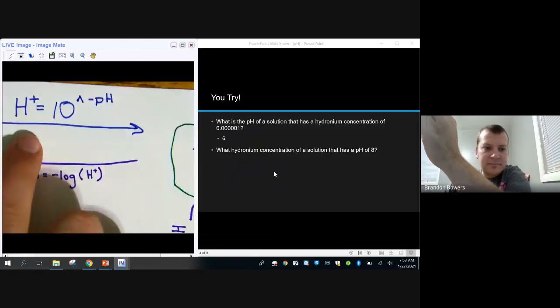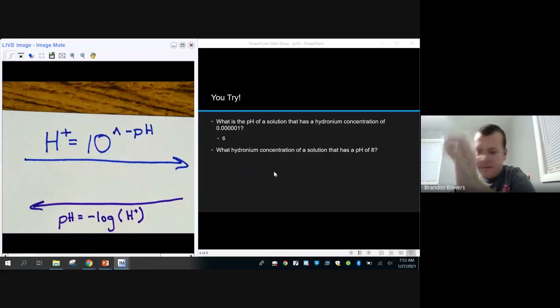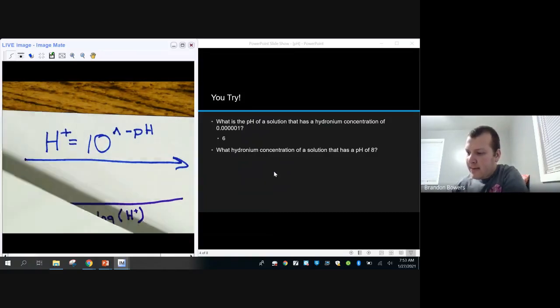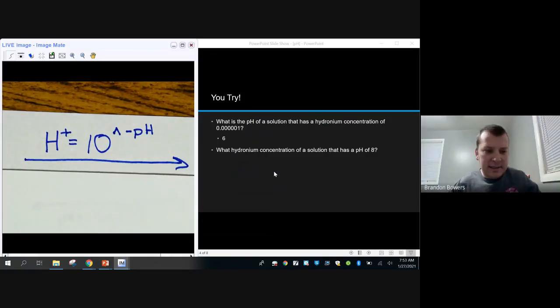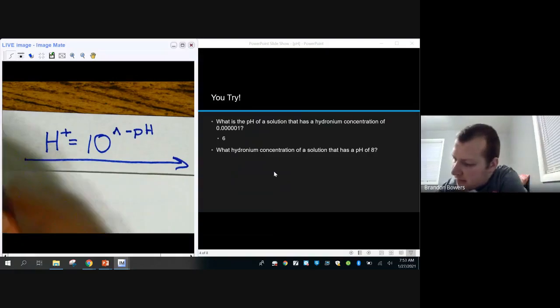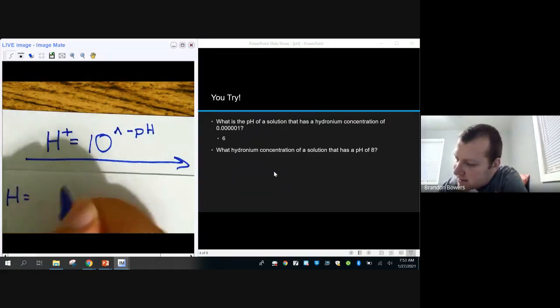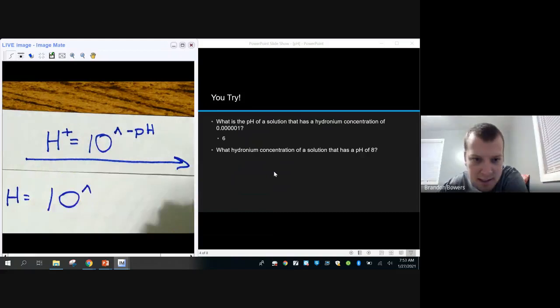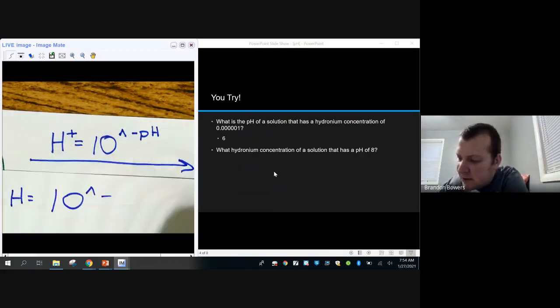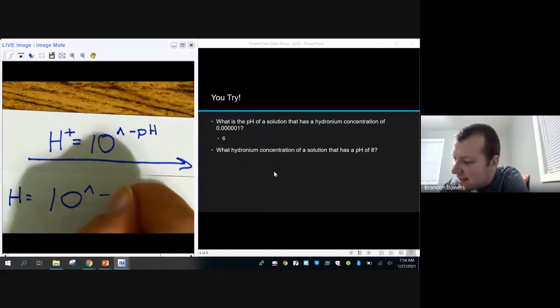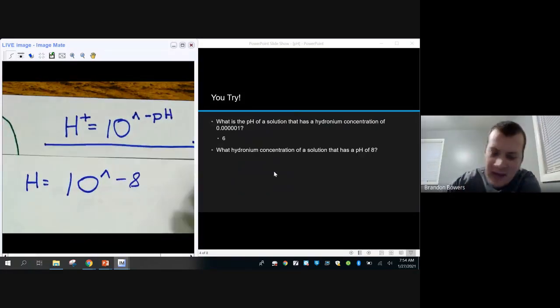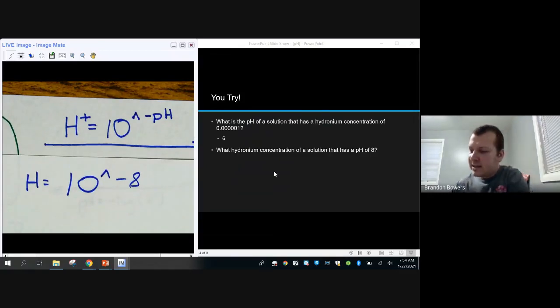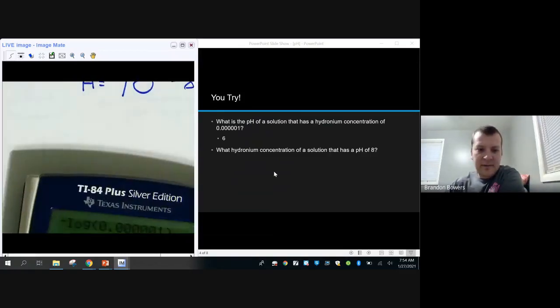H is equal to 10 to the caret negative whatever my pH value is. Well, in this problem, my pH value is 8. So that's what I'm going to plug in my calculator.